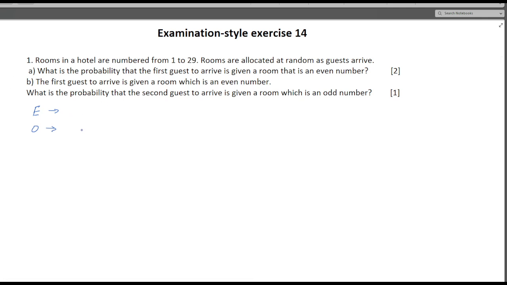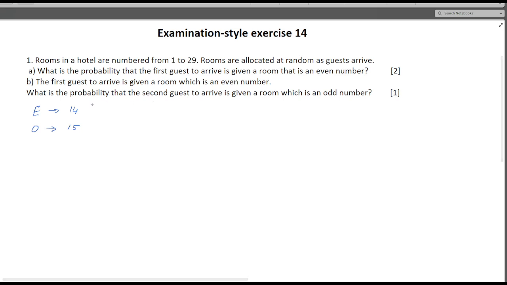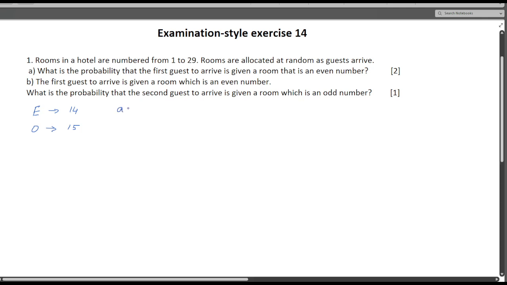Out of these 29 rooms, as it starts with an odd number and ends with an odd number, the number of odd number rooms is going to be more. So here the number of odd number rooms is going to be 15 and the number of even number rooms is going to be 14. Total 29 rooms.